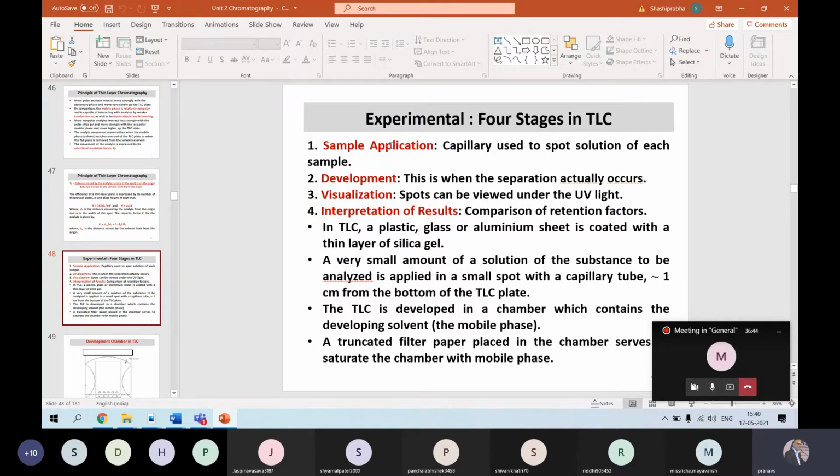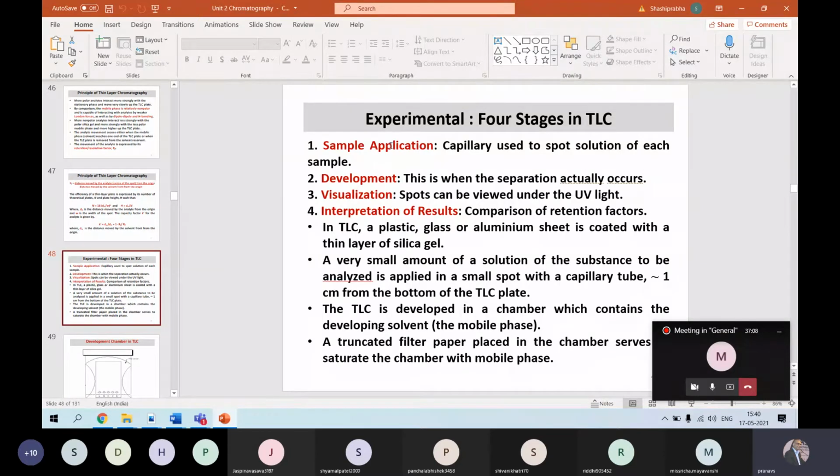And once the separation is over, you take out your TLC plate from that developing chamber. You allow the solvent to evaporate again, because naturally it will have the solvent system in which you have kept it.